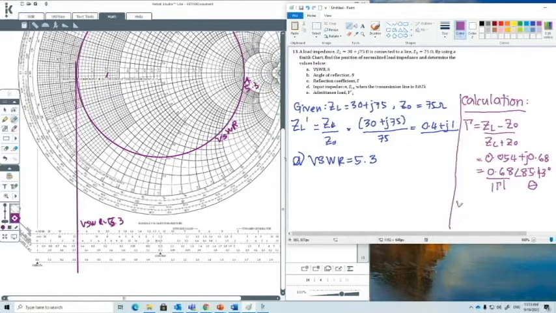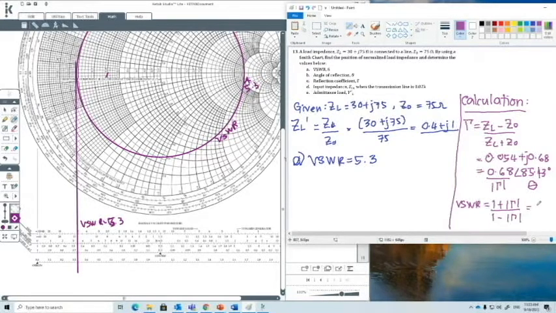So untuk cari VSWR, okay, rumus dia adalah 1 plus magnitude of reflection coefficient, bahagi 1 minus magnitude of reflection coefficient.